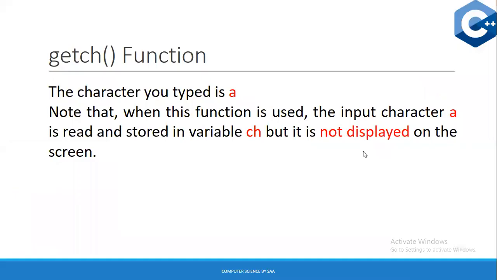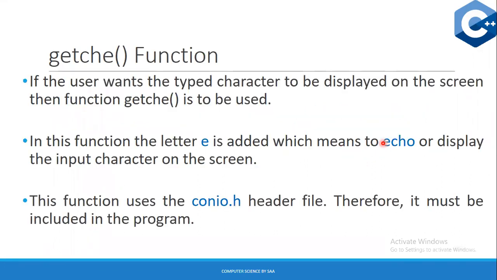As we have discussed, the getch function will read the value, but that value will not be displayed on the screen as I have shown you. Here getche function, that I have already described to you, if a user wants the typed character to be displayed on the screen, then the function getche is to be used.